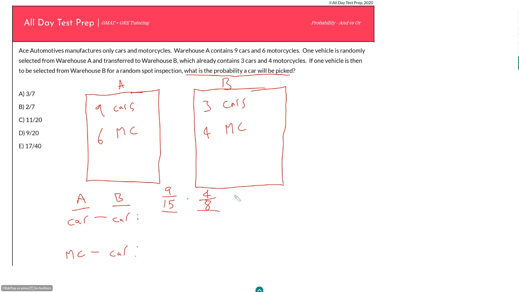So overall, what is the probability that this sequence of events will occur? It should be 9 over 15 times 4 out of 8, which is 3 over 5 times 1/2. That's 3 out of 10. This sequence of events has a 30% chance of occurring.